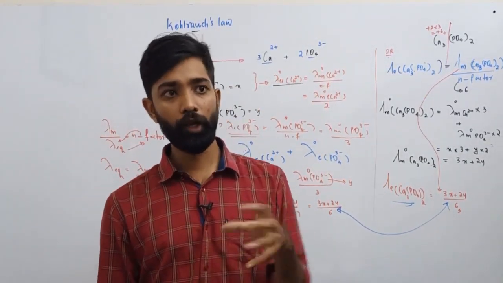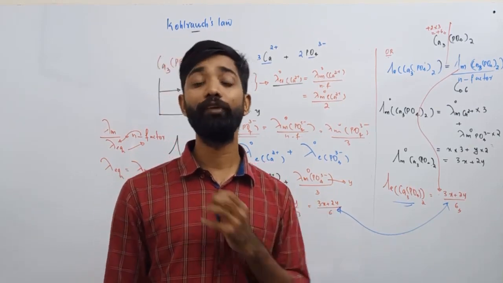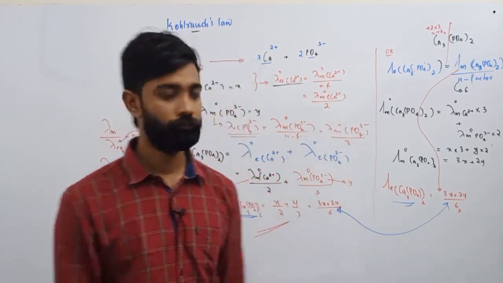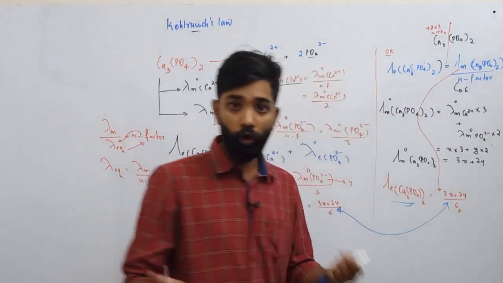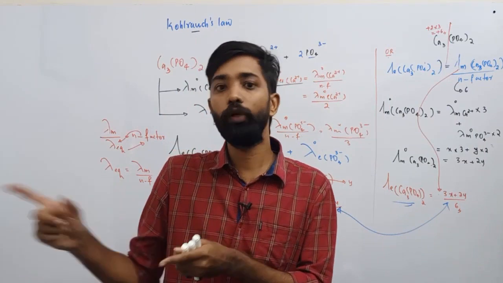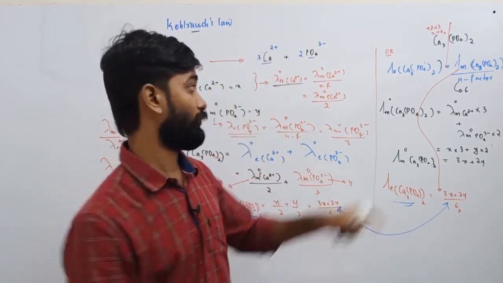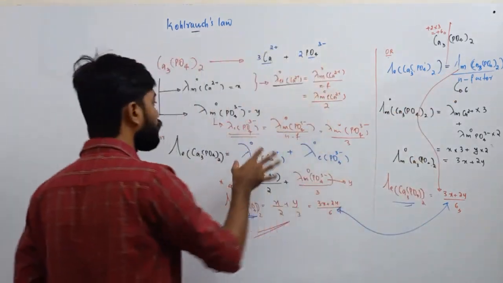So if limiting molar conductivities of the constituents are given, you can very easily find the limiting molar conductivity of that electrolyte like this. And once you obtain the limiting molar conductivity of the electrolyte, you can simply convert it into limiting equivalent conductivity using the n factor. So this one is better because the other may take a lot of time.